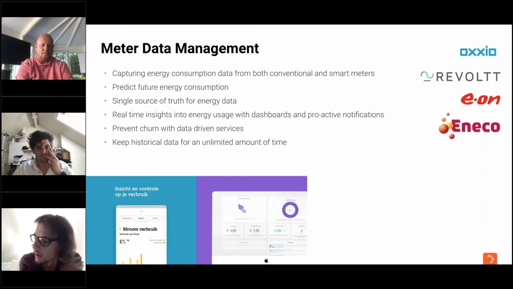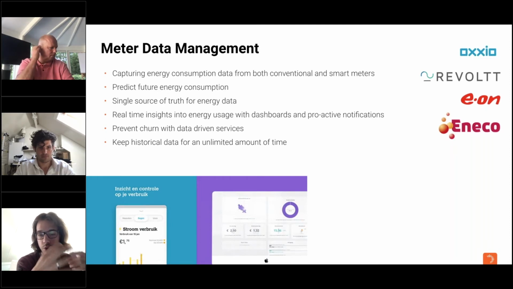data management. So any utilities providers in this call will definitely know that once you start to deploy all these smart meters, like we've been doing in the Netherlands for the last couple of years, in the Nordics as well, in Germany, you run into the issue of what do I do with all of this data? And once you start to collect all the data, you have various challenges.